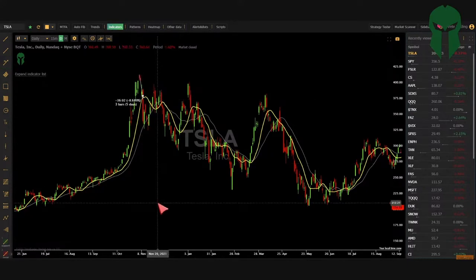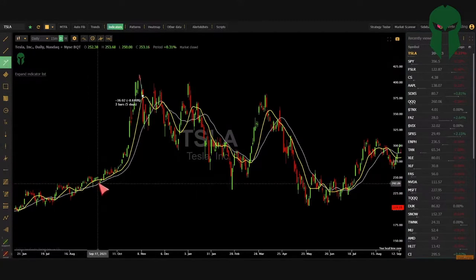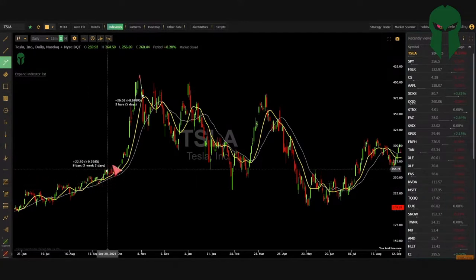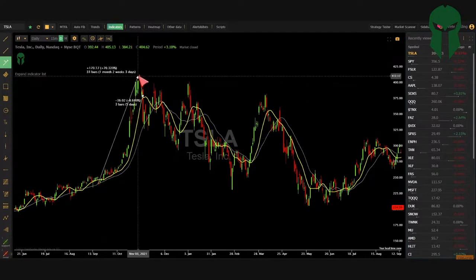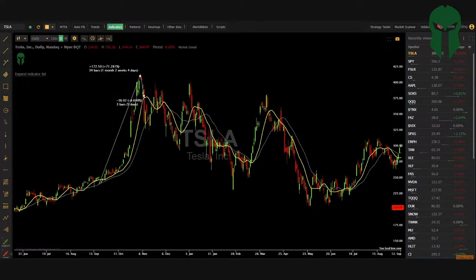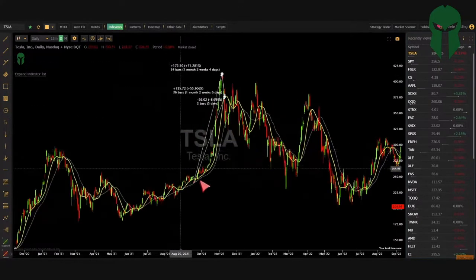Where you're going to lose 30, 40 points, or 10% of the move. But if you buy right where you want to buy, you're going to make 70%. So instead of making 70% on your money, you made 55% on your money. But you don't know if this is going to 100, right?